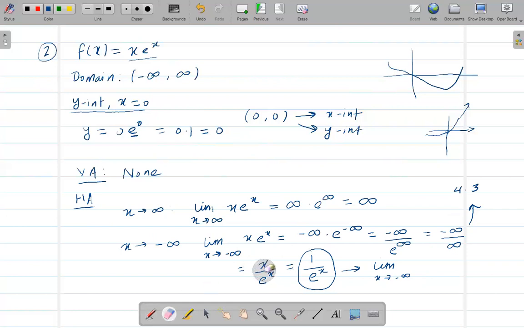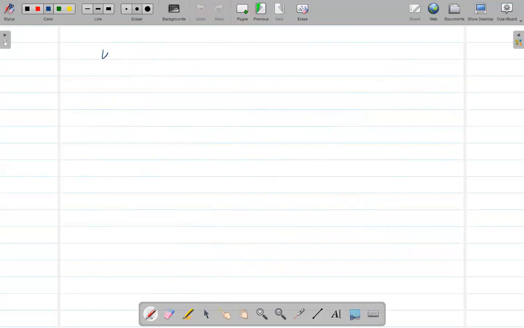Wait, I think I made a mistake here. Sorry, this is not correct. Let me go back. It's easier if I write it out. We are using L'Hopital's rule on this, right?